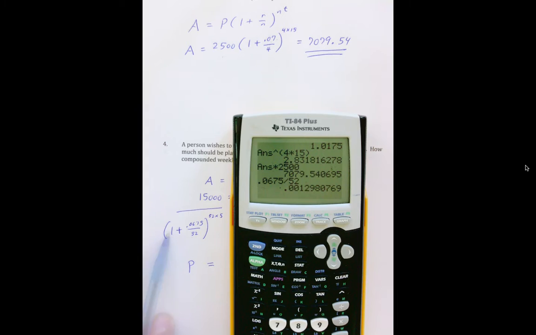Well, I need to add 1 to that. Now I need to take all this answer which I've got in my calculator, and I need to raise it to the 52 times 5 power. So that's my bottom number. It's my denominator. I need to take 15,000 divided by that.